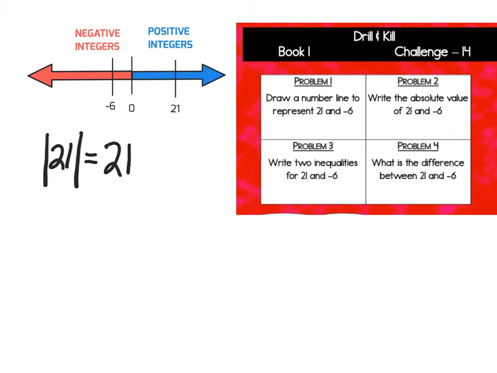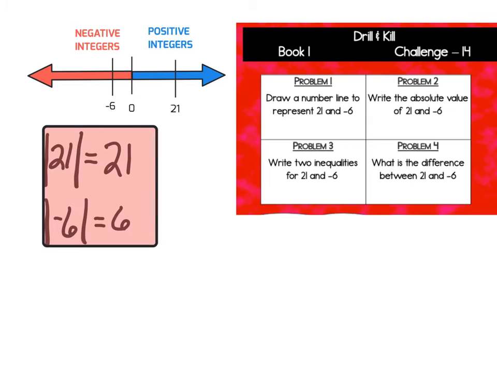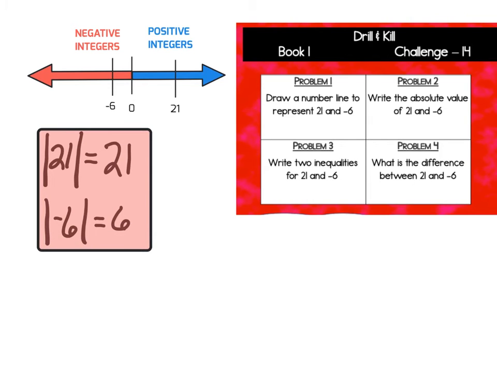Let's do the same thing with the -6. These 2 lines mean the absolute value of -6, and it is simply 6 units from 0, right? So that is going to equal 6. That is all there is to it, my friends. Let's go ahead and box that so that it looks nice and pretty.